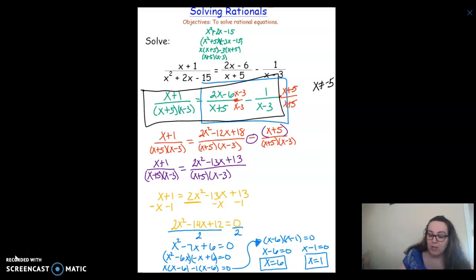And I have an x minus 3, so x cannot equal 3. As long as I don't get those 2 answers, my answer should be perfectly fine. So this question actually has 2 answers sometimes. They both will work. So it has the answers of 6 and 1. Sometimes 1 might work and sometimes neither of them might work.